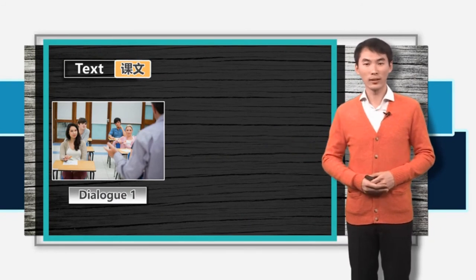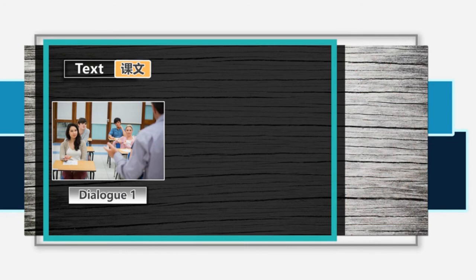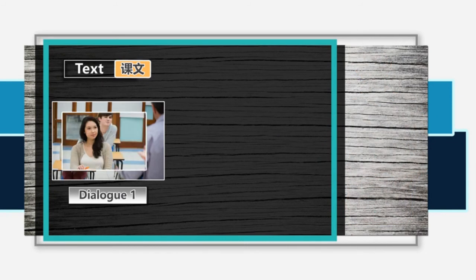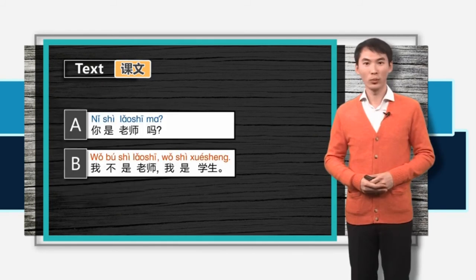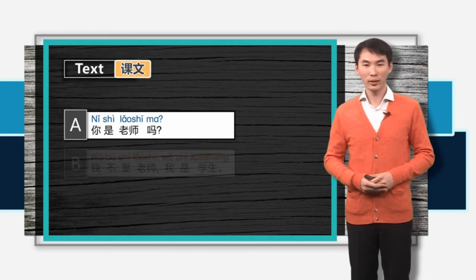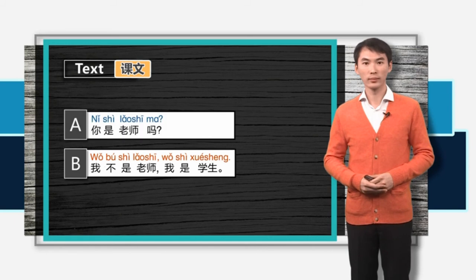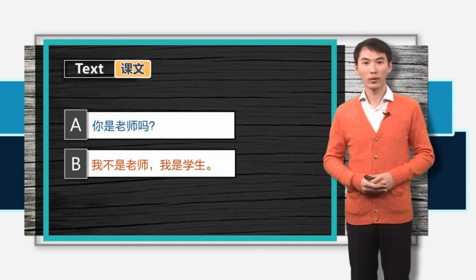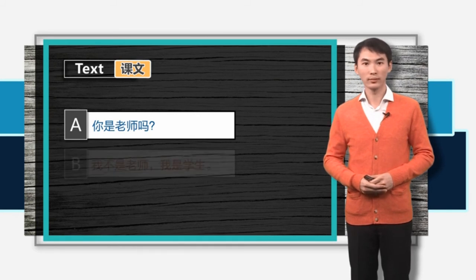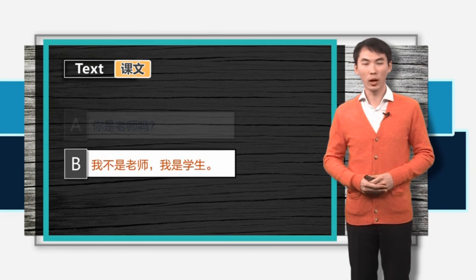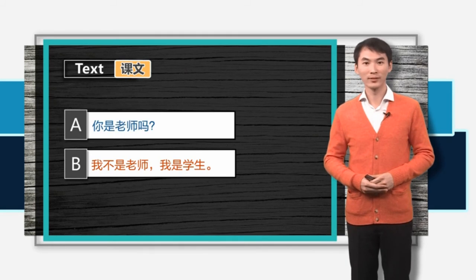Listen to the dialogue and see if you can repeat after it. 你是老师吗? 我不是老师, 我是学生. 跟我读, 你是老师吗? 我不是老师, 我是学生. Now let's read it again without 拼音. 你是老师吗? 我不是老师, 我是学生. Good job.